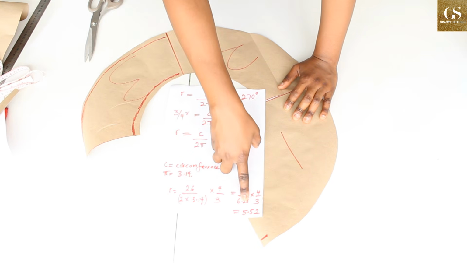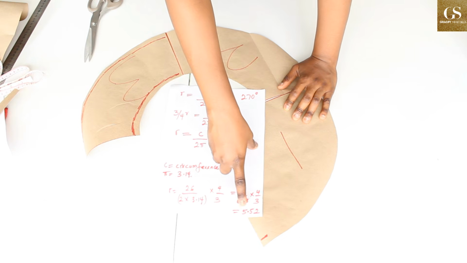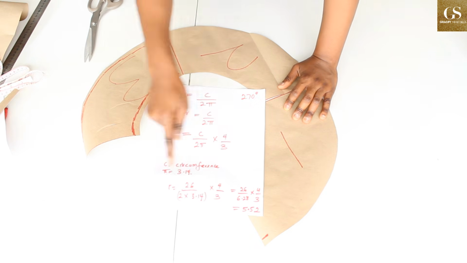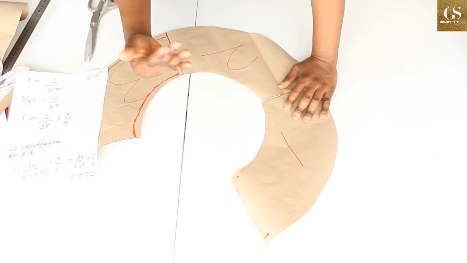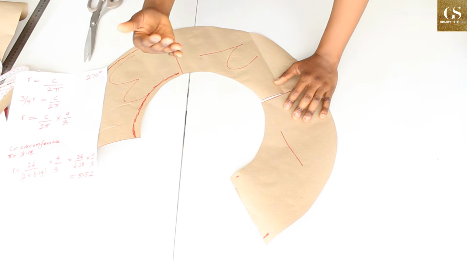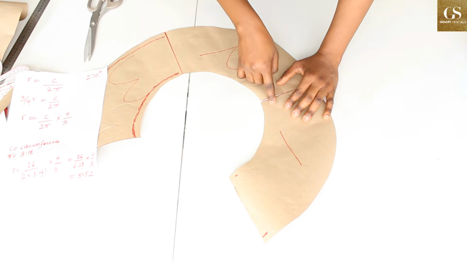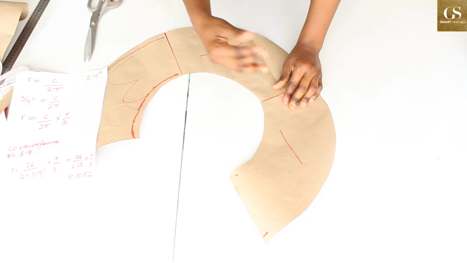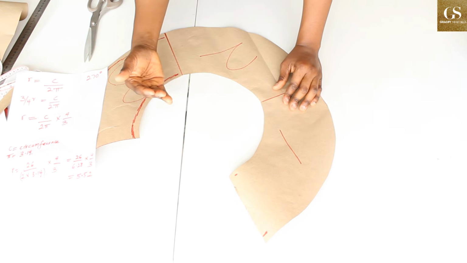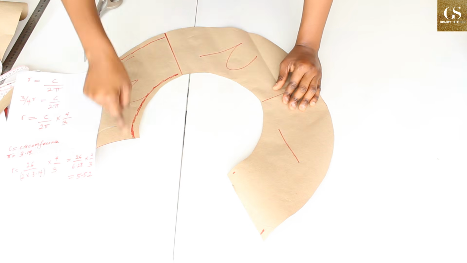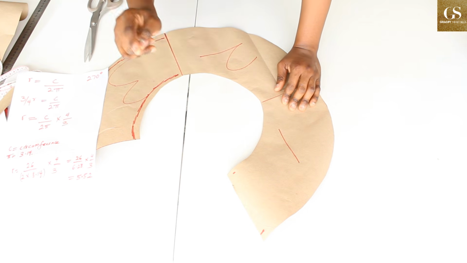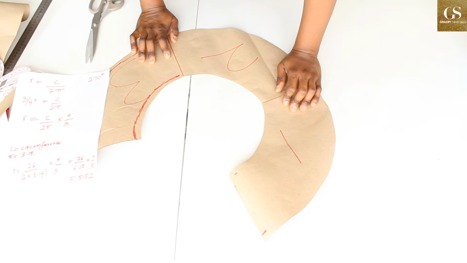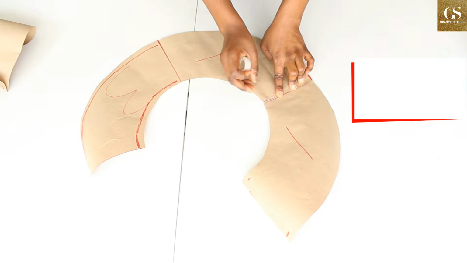That's 27 divided by 6.28 times 4 over 3. So whatever you get should be what you use to form your radius. Because if you don't do that, you'll be short. And the reason you'll be short of fabric is because we are going to have to join this together. Had it been that we will not join it, you have enough to go around your waist and for your zipper allowance. I hope you understand.